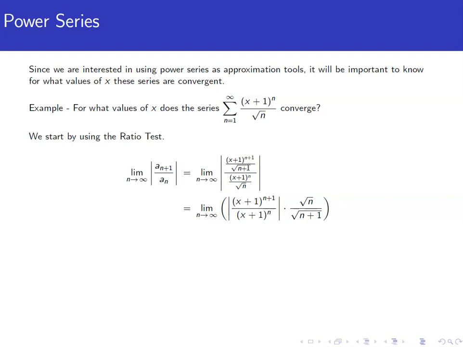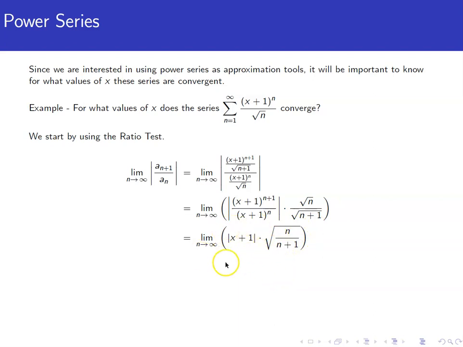Inside, though, x could be bigger than -1, could be less than -1, we don't know. So that value could be negative, so we need the absolute value bars on there. However, we can simplify and get just x plus 1 to the first power. And then I can rewrite this as square root of n over n plus 1.